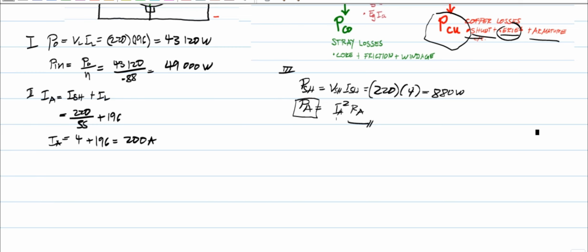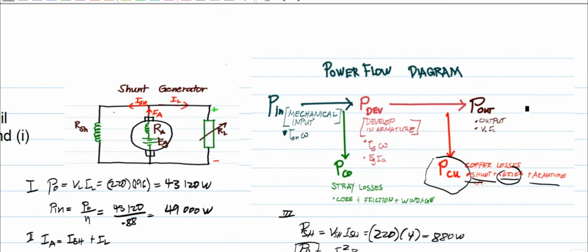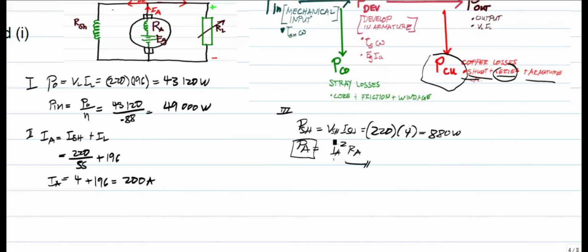The PA, or the power developed in the armature, is simply P in minus the stray losses. Armature copper loss is equal to I squared Ra.